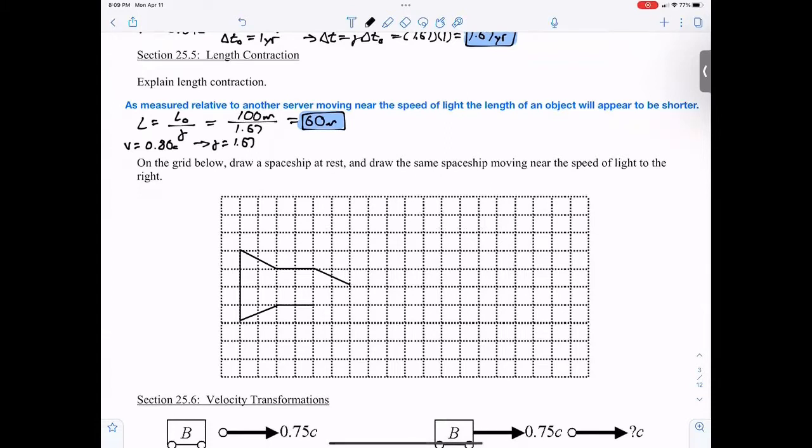So I'm making the spaceship symmetrical, but purposefully 2 units, 2 units, 2 units. If you're traveling at 0.75 c, or near the speed of light, however fast that is, then the length of this thing gets shortened significantly to something that looks like this. You can see how the spaceship looks short and squat.